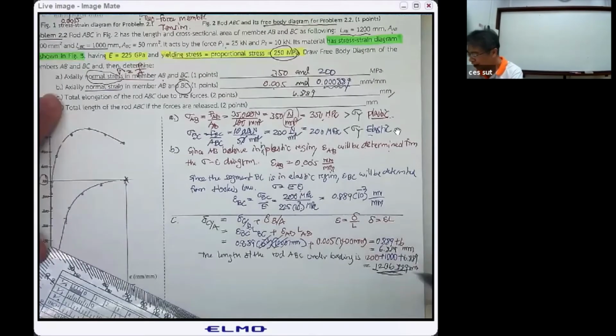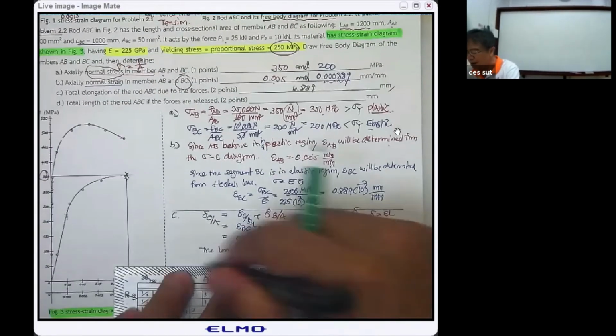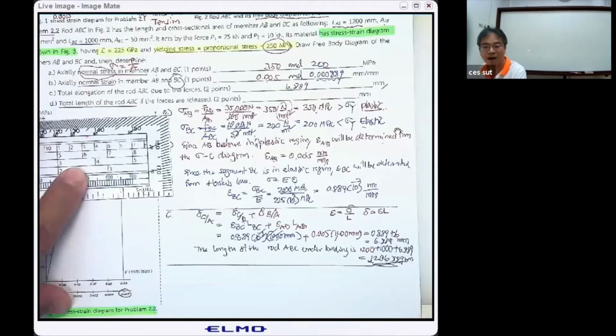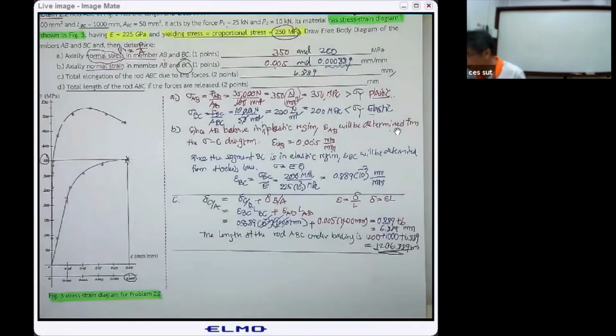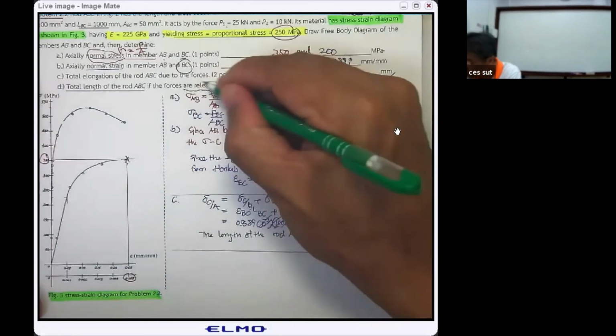And then a little bit further, we move to part D. On D, they ask us to determine the total length of the rod ABC. Now, what we have is the behavior when we release the force.